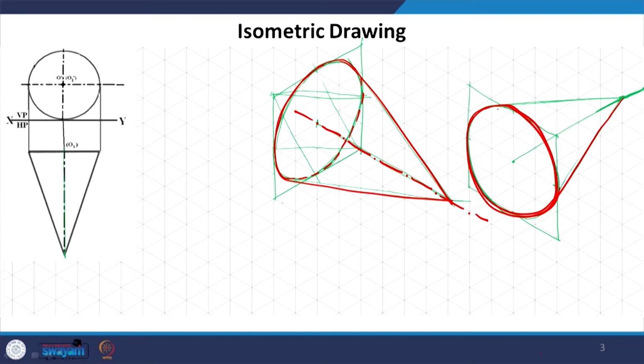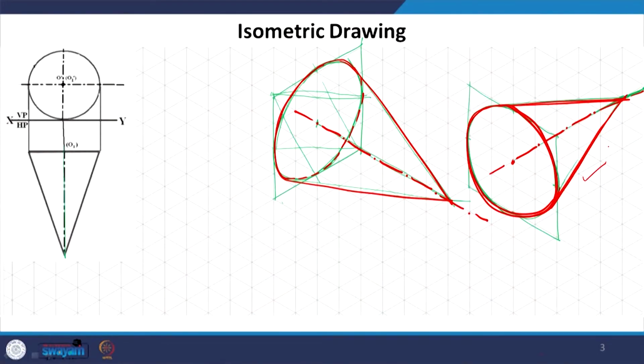So, there is no hidden line, we are seeing the entire cone together, and this is the axis that we are talking about. So, this is the cone which is kept in such a manner that its axis is both parallel to HP as well as VP.